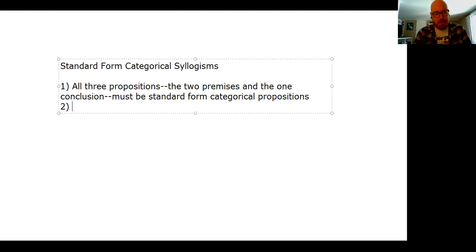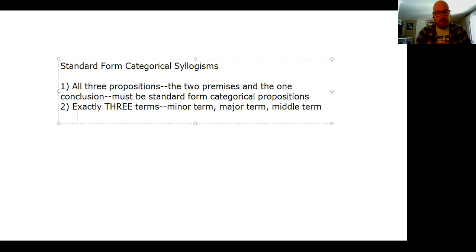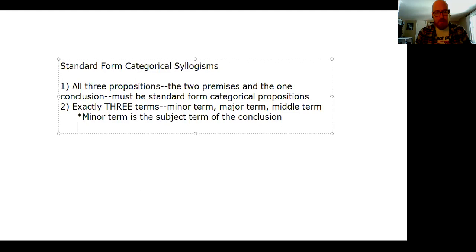Now, since you need exactly three statements, exactly two premises and exactly one conclusion, you must have exactly three terms. The three terms for categorical syllogisms are the minor term, the major term, and the middle term. How do we determine what these terms are? The minor term is the subject term of the conclusion. So the first thing you want to do is find the conclusion of the syllogism.